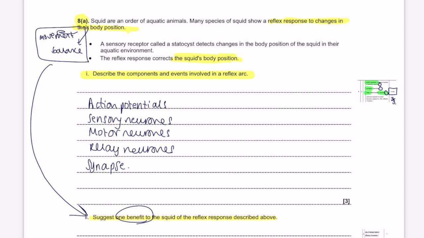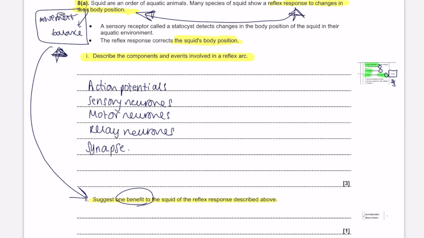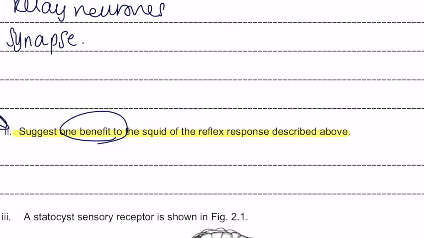It is essentially saying the benefit to the squid because of the reflex response to changes in their body position, so it helps them move around more and balance. I mean, the squids need balance. Everyone needs balance. So I think that's quite a reasonable answer. So let me write that down.